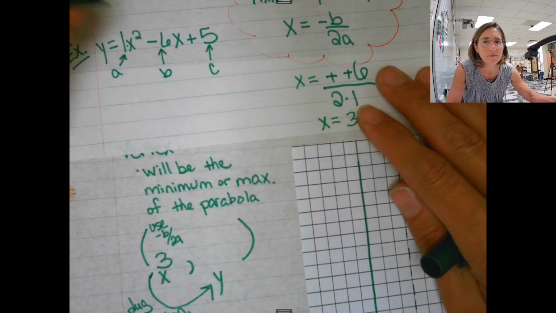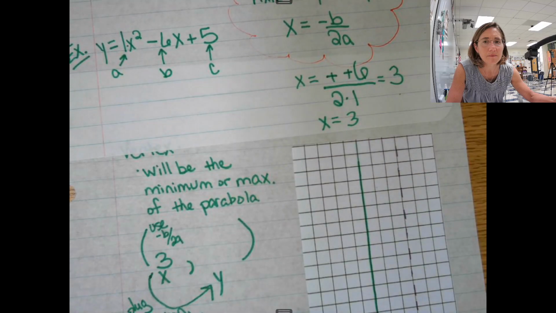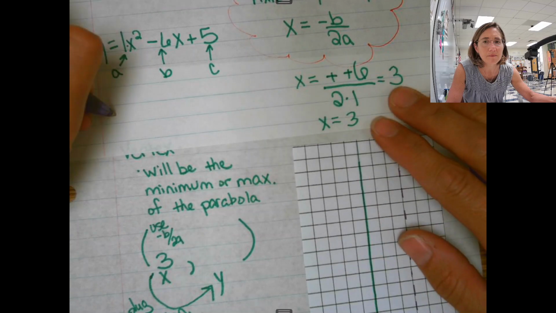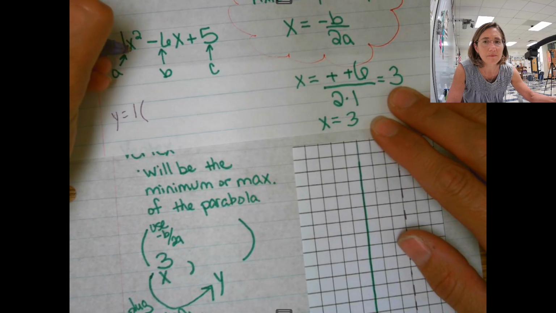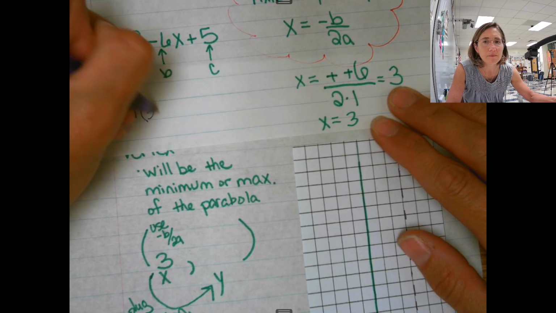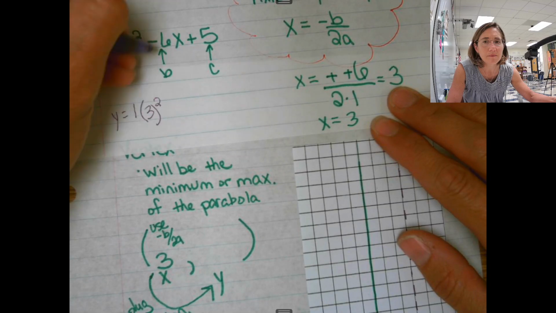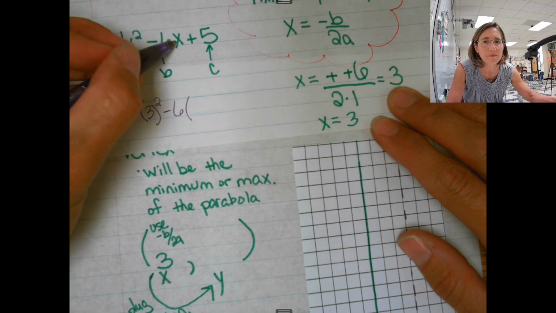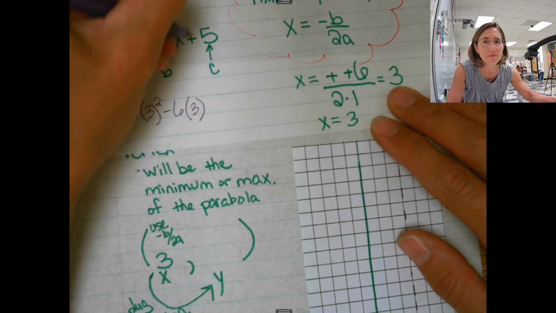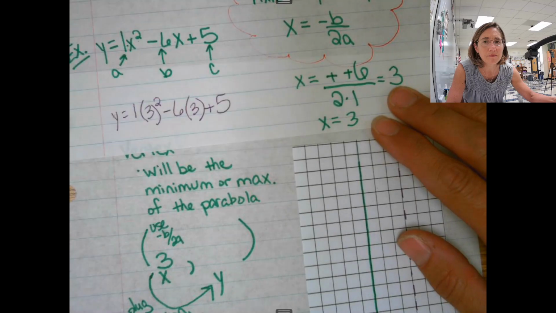So the 3 is going to go up here. I'll do this in another color so you can see it. So y equals 1. I'm going to replace this x with a 3. Bring down the squared. Minus 6 times, here's another x, so I got to put 3 there again, plus 5.